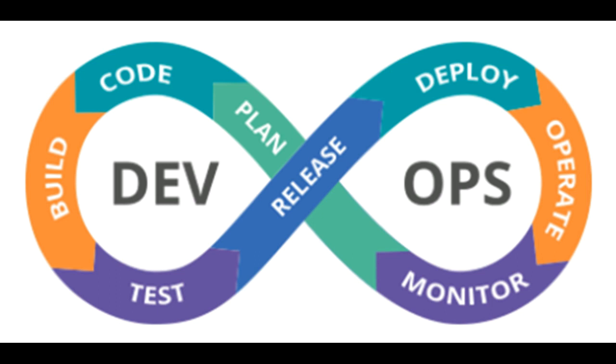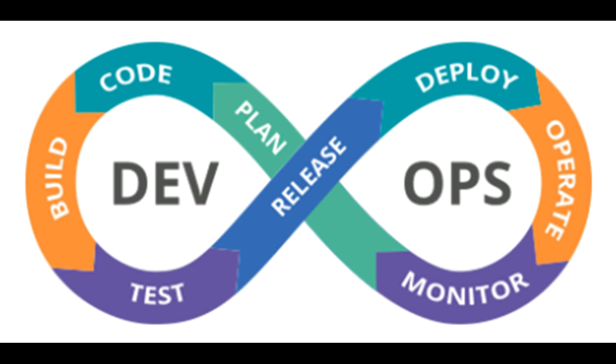Meaning if there is an error detected during continuous testing, then it is moved back to the previous version. So we are continuously doing all these things in a fast-paced environment. There are processes involved for continuous integration, continuous testing, continuous delivery and continuous deployment.